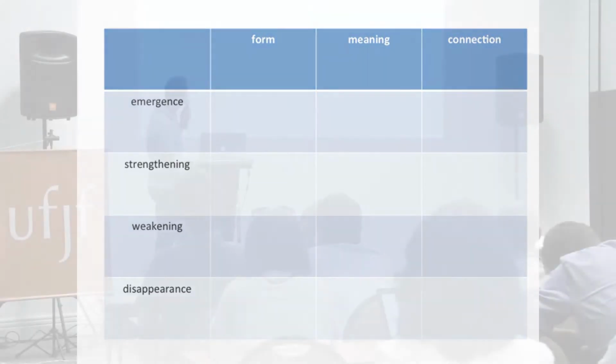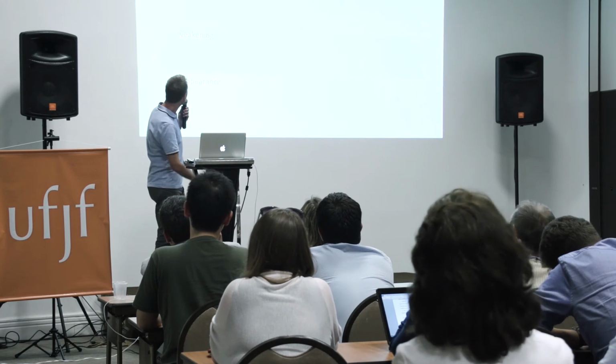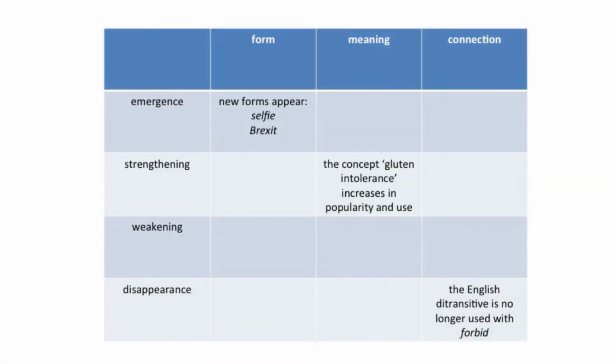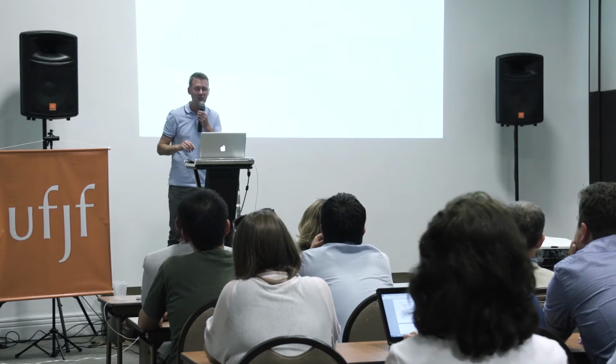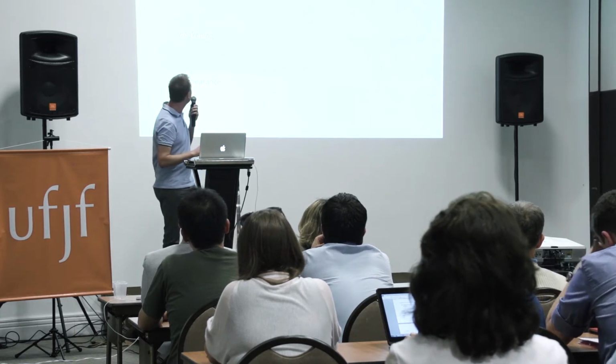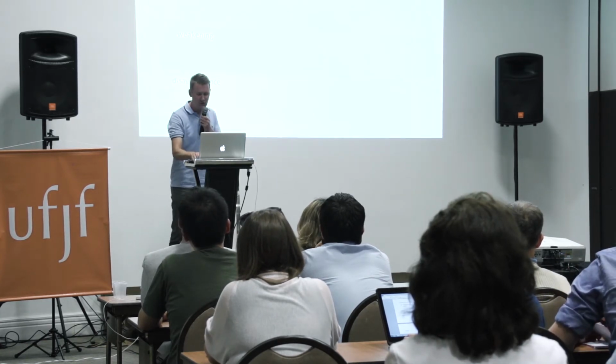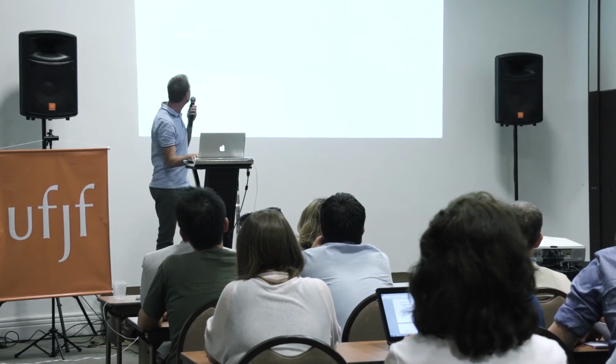So let's say that we cross-tabulate change types such as emergence, strengthening, weakening, and disappearance. And on the top, we have the parts of the network to which these changes happen. Yeah? So we have, for instance, the emergence of new forms, like words like selfie or Brexit, which of course emerge not only as forms, but have meanings that are attached to them.